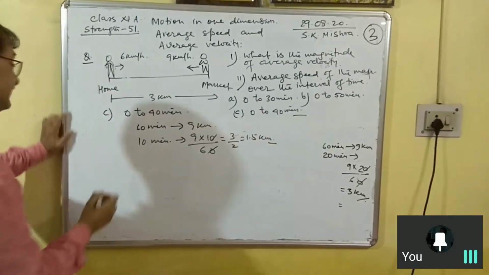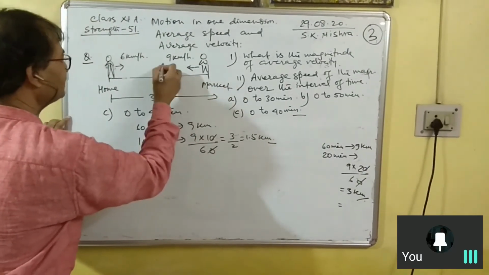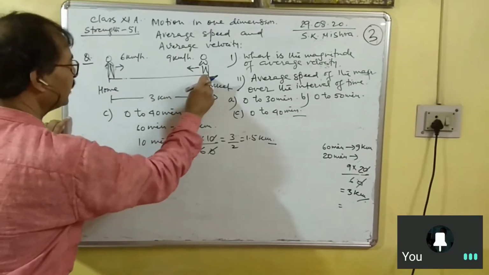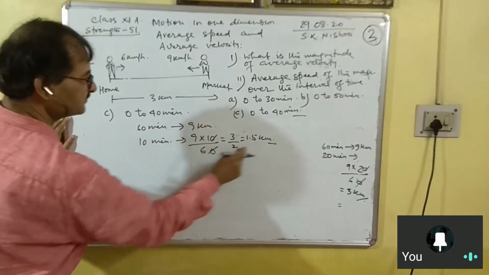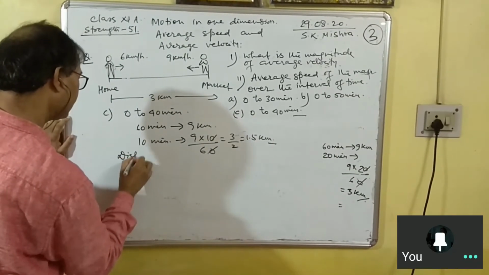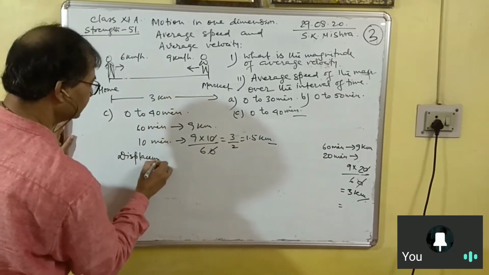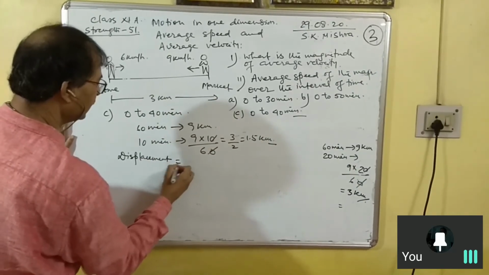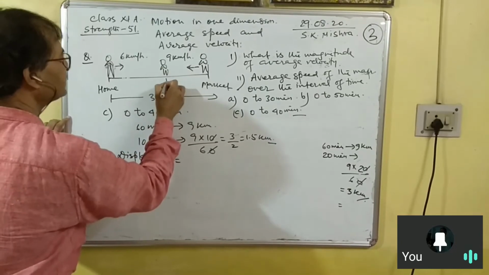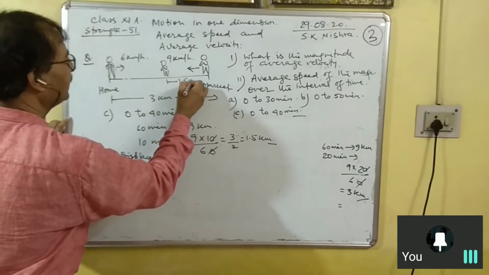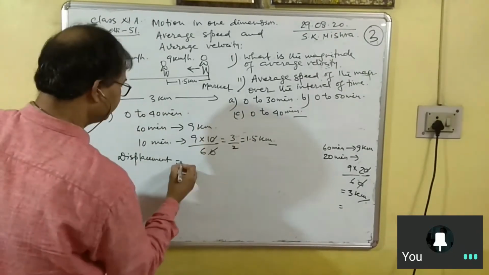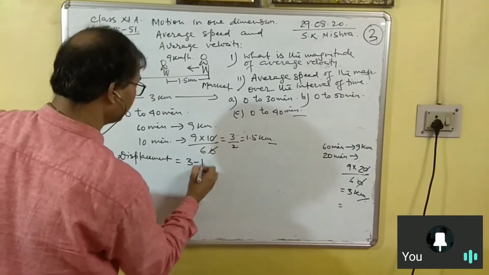So what is displacement? So the person will reach here. So displacement is 3 kilometer minus this distance, 1.5. So displacement is equal to, because in 10 minutes the person is covering 1.5 kilometer while returning, then displacement is 3 minus 1.5.